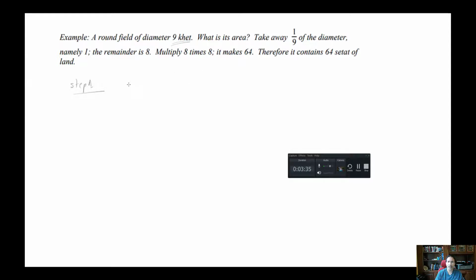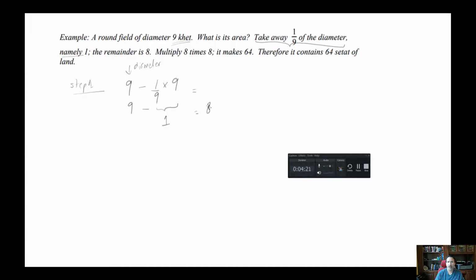The original diameter is 9, so we take away 1/9 of 9, which is 1, and the remainder is 9 minus 1, which comes to 8.